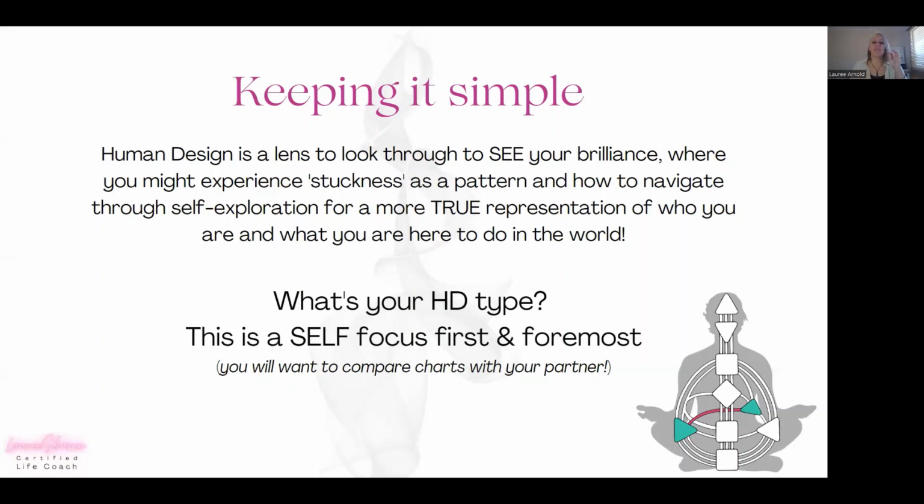We're going to use it to see where you might experience stuckness as a pattern, right? We're going to get enlightened, and then we'll decide how to navigate through self-exploration for a more true representation of who you are and what you are here to do in the world.